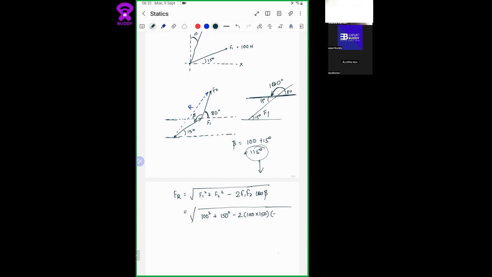Negative 0.42. 115, 0.325, right? No, one second. I think you should be putting it in degrees. 0.422 when I put it in degrees. So it's 0.422. You're correct. It's not radians, it's degrees. So be careful.